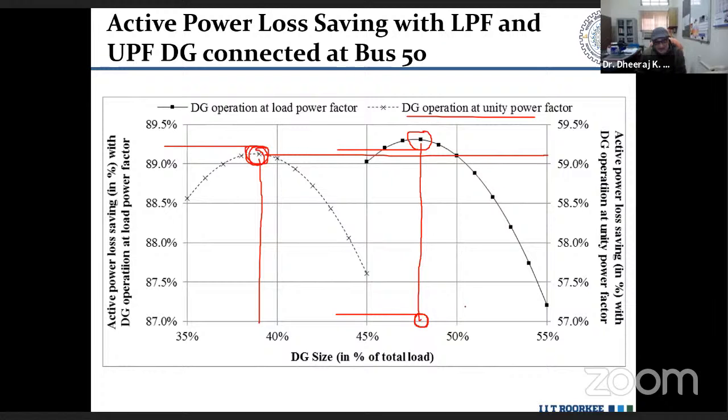So the power factor of DG is also important to achieve the benefit in the system. This is how we can use the sensitivity index based approach for identifying suitable buses and the corresponding size of DG.